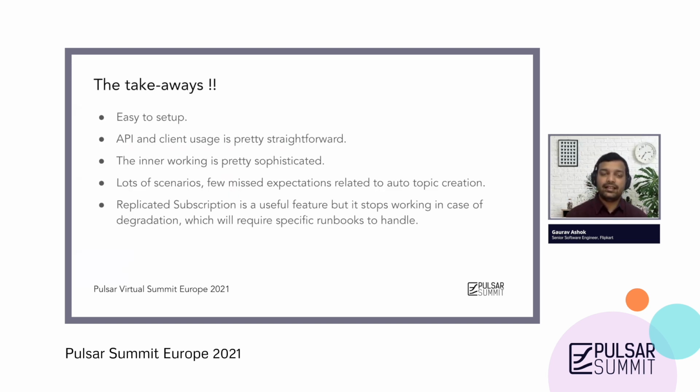By and large, I think it is pretty easy to set up this replication in Pulsar. The APIs and the client usage is actually pretty straightforward. The inner working is pretty sophisticated for the replicated subscription, and it works very well. It is a useful feature, but the fact that it stops working when one of the replication clusters is unavailable is also a drawback of it.